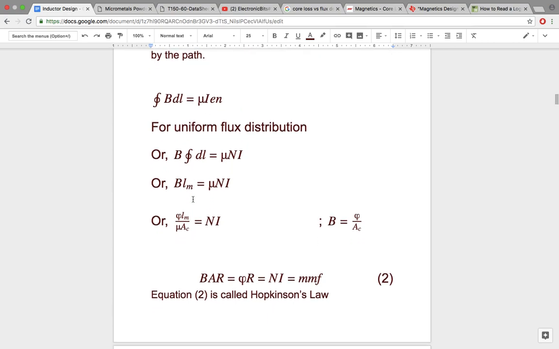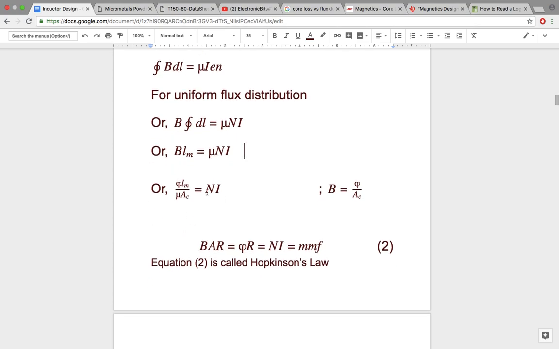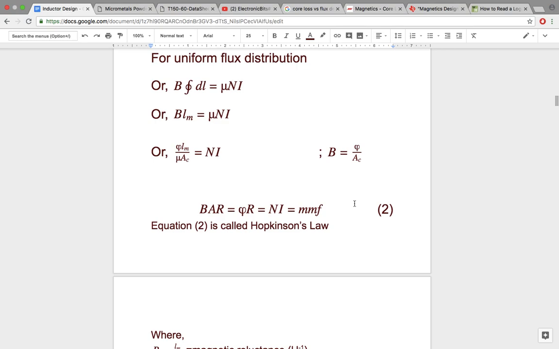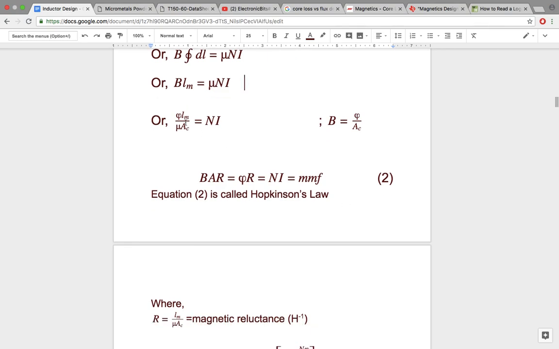Now this is the reduced relation for uniform magnetic flux distribution. If we simplify that further, we get this expression where B is replaced by flux per unit cross-sectional area.